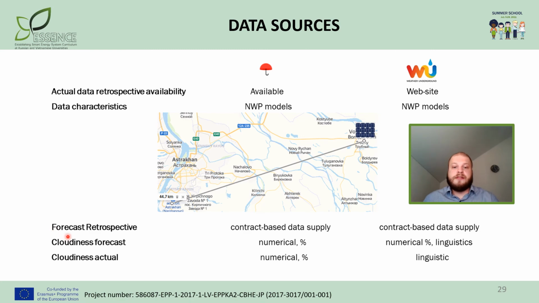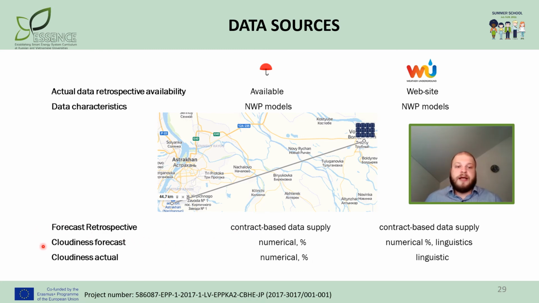Of course, we have to consider organizational issues like using the forecasting retrospective, because when you create the model, you may use actual data, but when you implement the model, you have to use forecasting data, which may be a little bit different. For this reason, analysis of the forecasting retrospective is of great importance. And for both of the weather providers, the retrospective of the forecasts is just a contract-based data supply option.